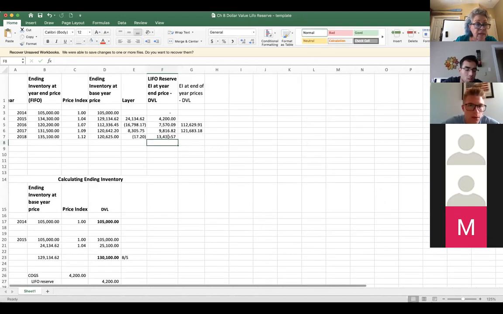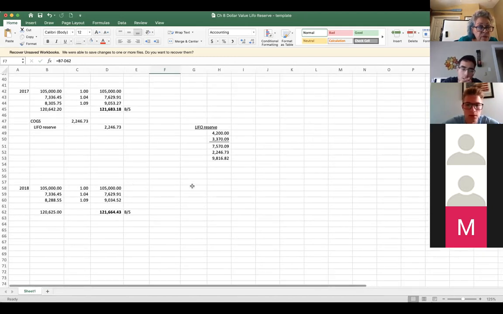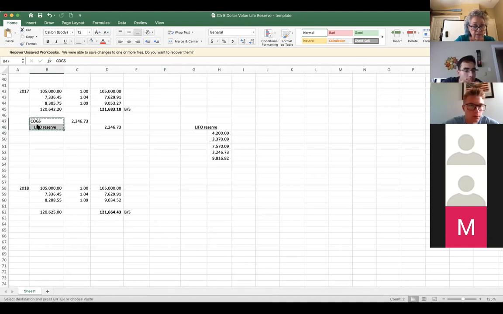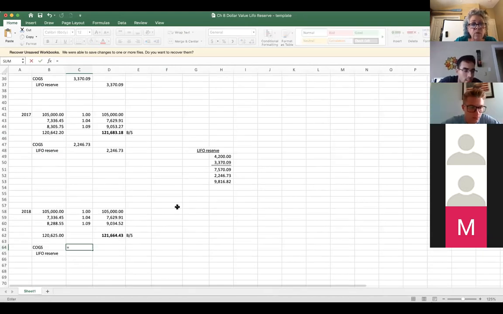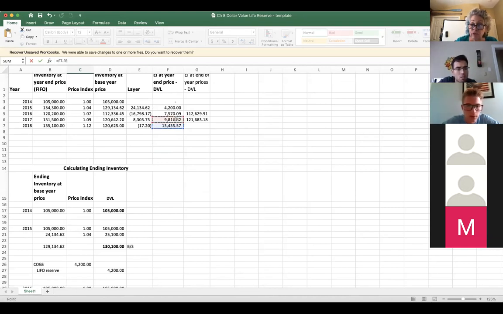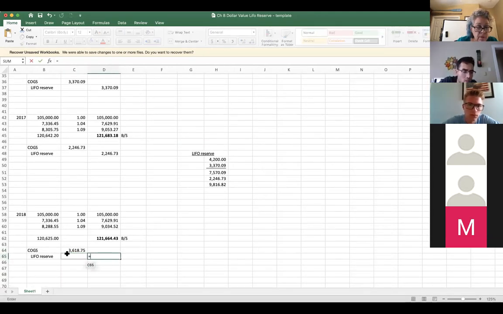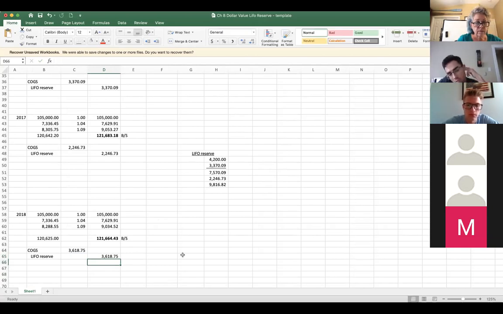So I want my LIFO reserve to end with $13,435.57. My adjusting entry will equal what I want it to be minus the unadjusted balance, which would have been the balance from last year. And so my adjusting entry would be debit cost of goods sold and credit LIFO reserve.